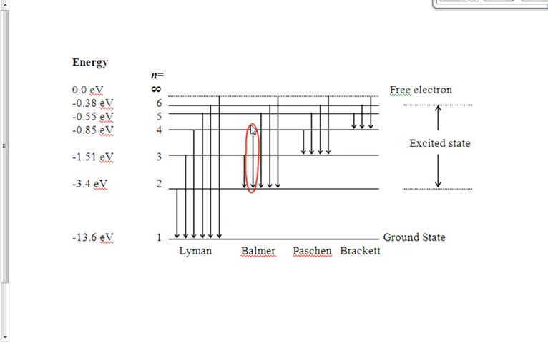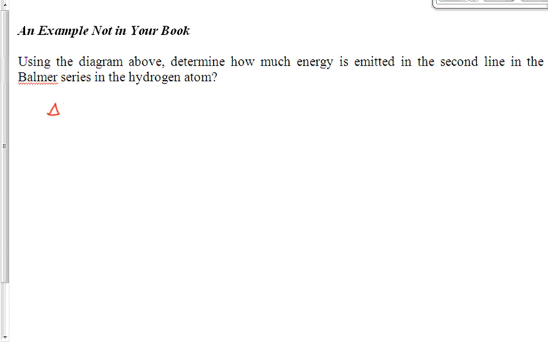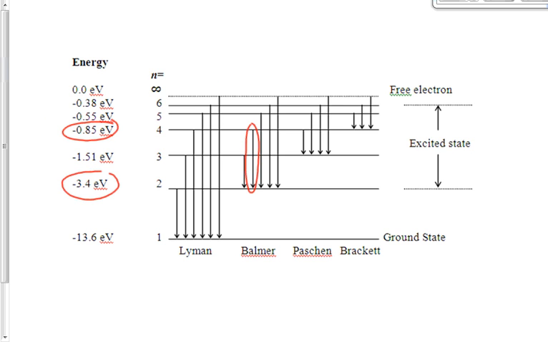It's going from level 4 to level 2. It's going from 0.85 to negative 3.4. Want to solve this? Let's say delta E is equal to EF minus EI. The change in energy, the energy involved in the transition, is final minus initial energy. My final energy here is negative 3.4 electron volts.